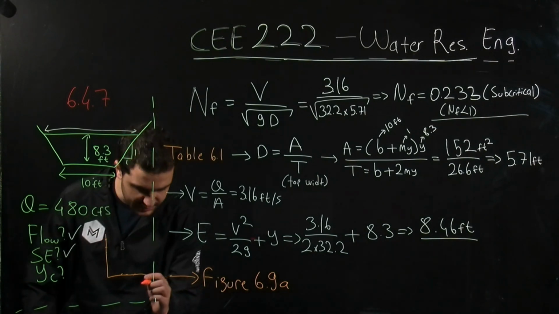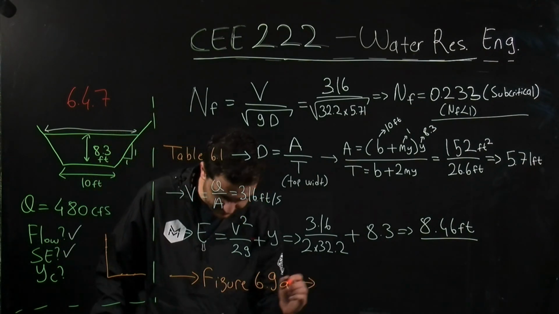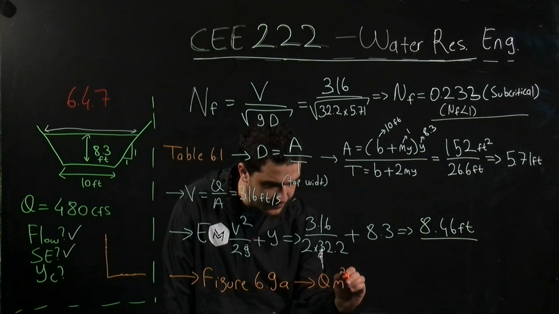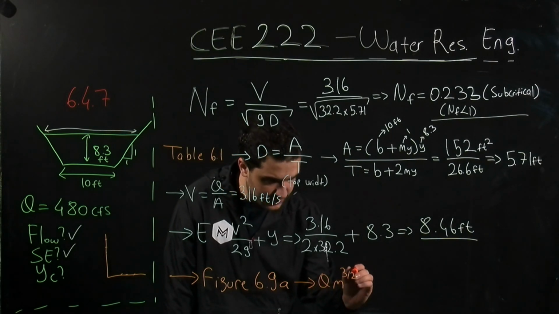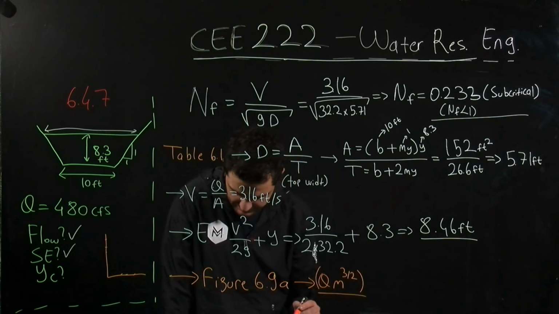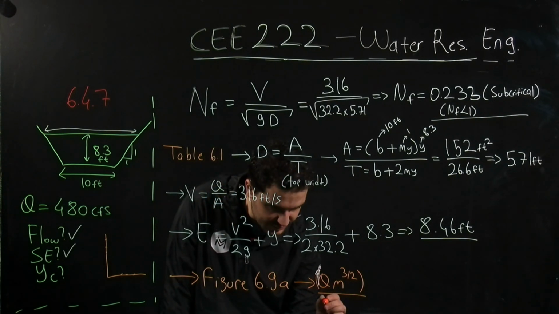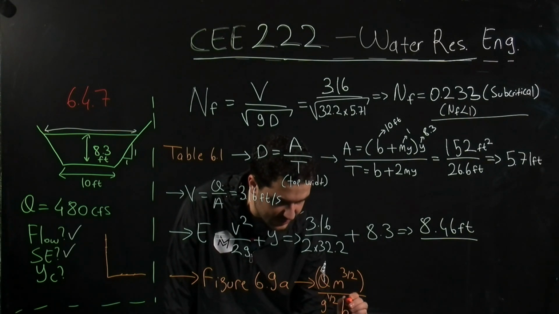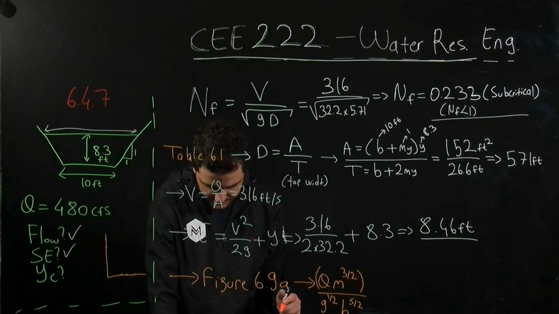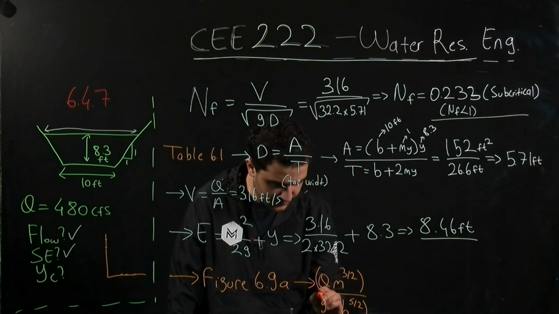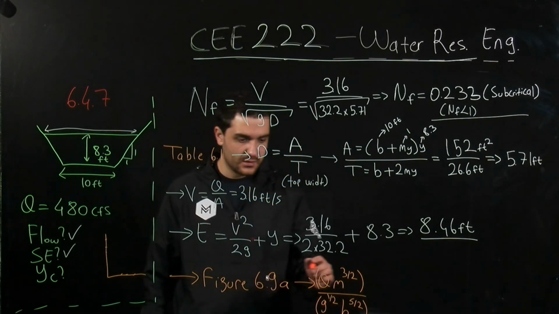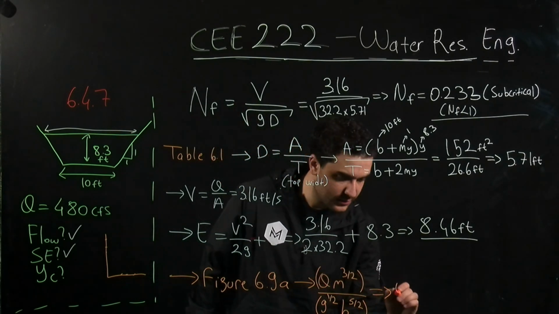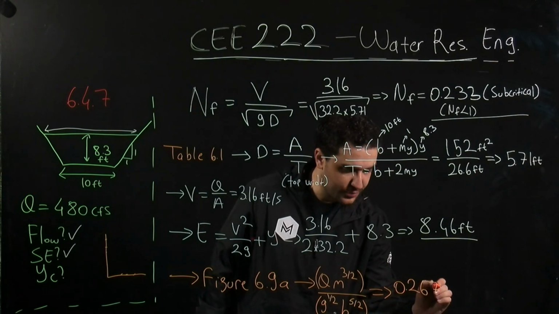So here we need to find Q times m over g and width, and this is actually giving 0.267.